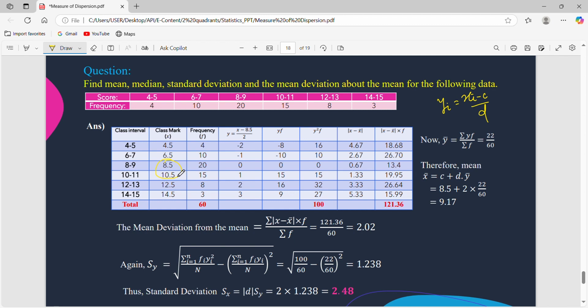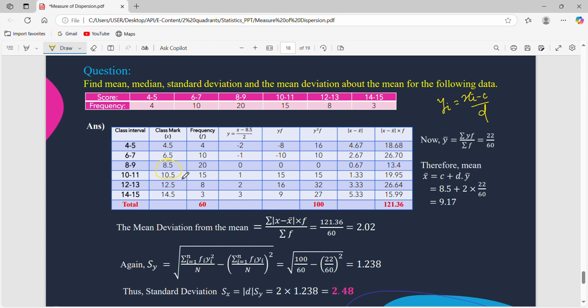So no confusion here, you can take either 10.5 or 8.5. By suggestion, always use the higher value. If you use 8.5, your answer must differ, a little bit, 0.001 or 0.002 will differ. I have taken 8.5 here, that is also okay, but my suggestion is to take 10.5.